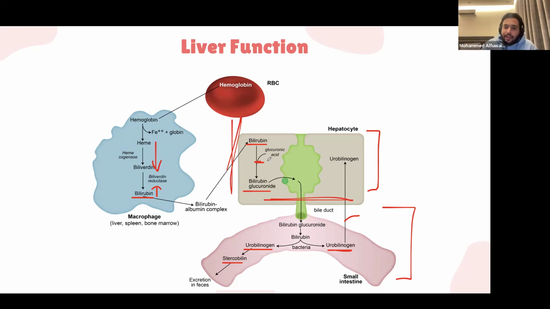Dubin-Johnson is direct hyperbilirubinemia, okay? We'll get to these later. But it's Crigler-Najjar syndrome. So this will be an elevation in mostly unconjugated, indirect hyperbilirubinemia, okay?